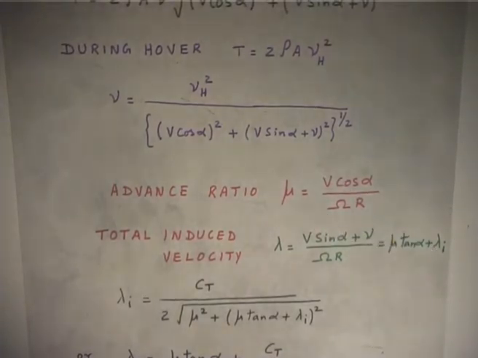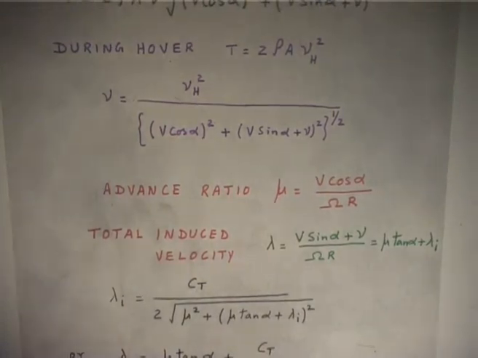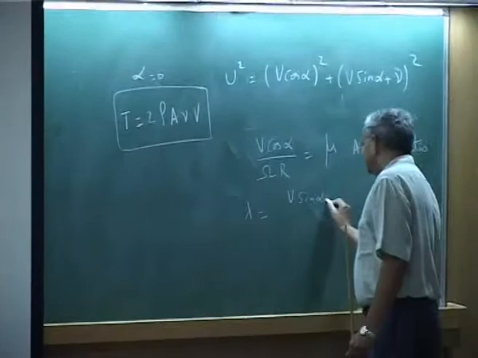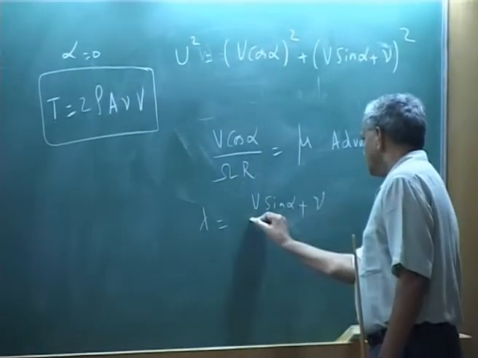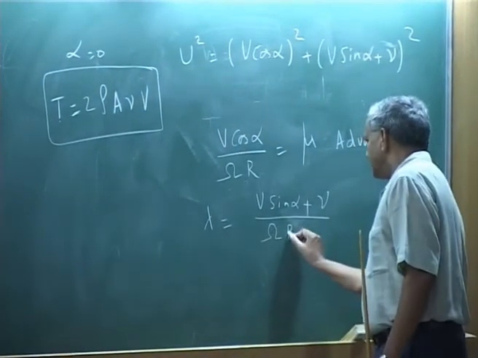Another one is the induced component. So, this we will call lambda, which you sometimes loosely call the inflow ratio. So lambda is V sin alpha plus nu over omega r.